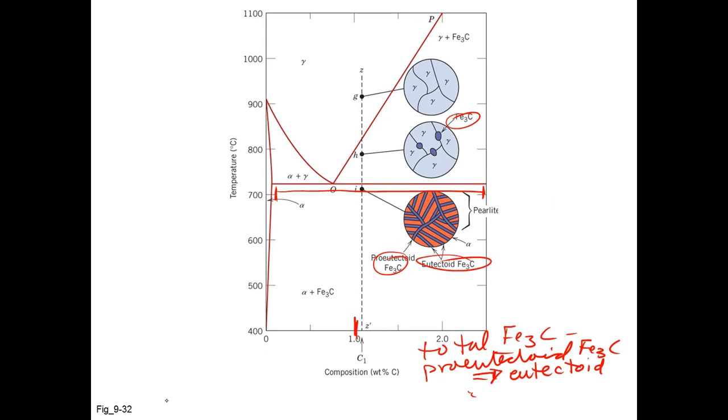And just showing again here schematically what I did. I calculated first the total cementite, and then I subtracted the pro-eutectoid amount to get the eutectoid cementite that's present in perlite.